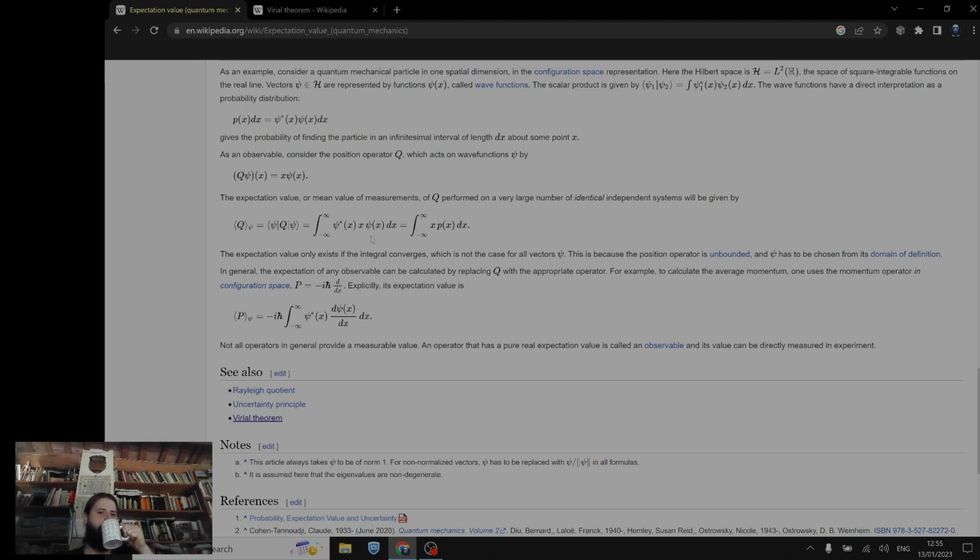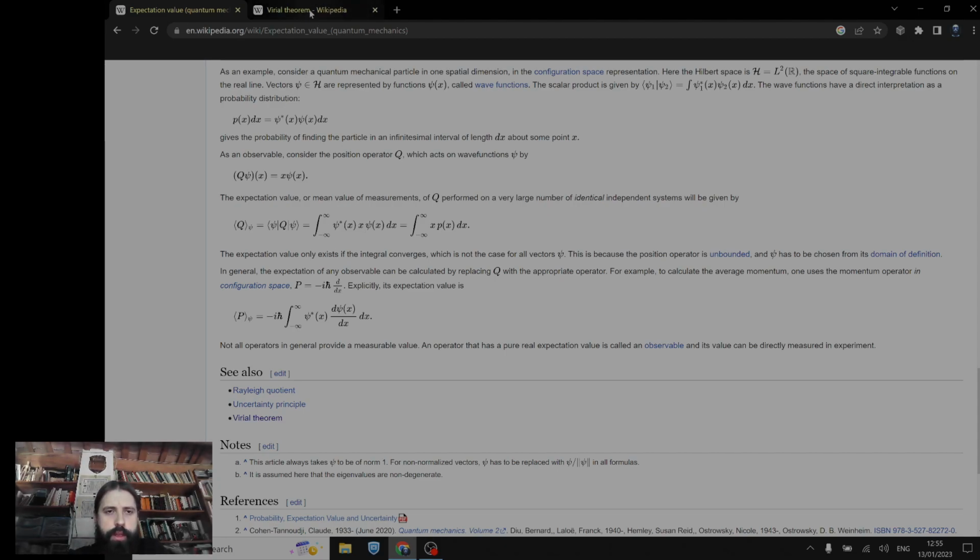Still, I'm not sure I fully understand how to read the result. I have an operator and I apply it to the wave function, and what does this tell me or give me, right? If I have a wave function and I multiply by x, what does this tell me?